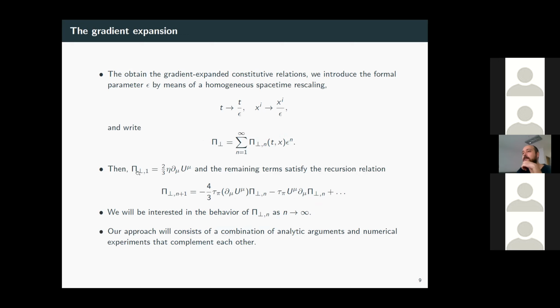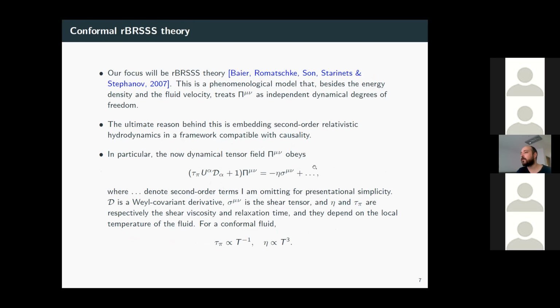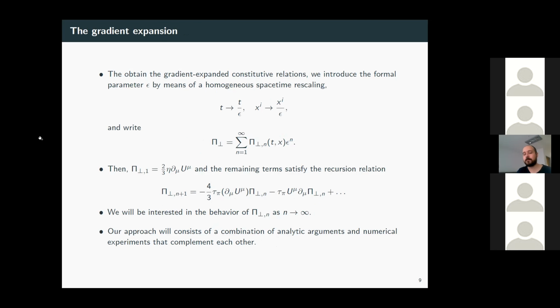And what you find is that the first term is given in terms of the shear viscosity and the expansion of the fluid flow as this here. And the remaining higher order terms satisfy this particular recursion relation. So we know the form of this recursion relation, including second order terms in the equation of motion for pi mu nu, but here I'm not writing the full formula to avoid clutter.